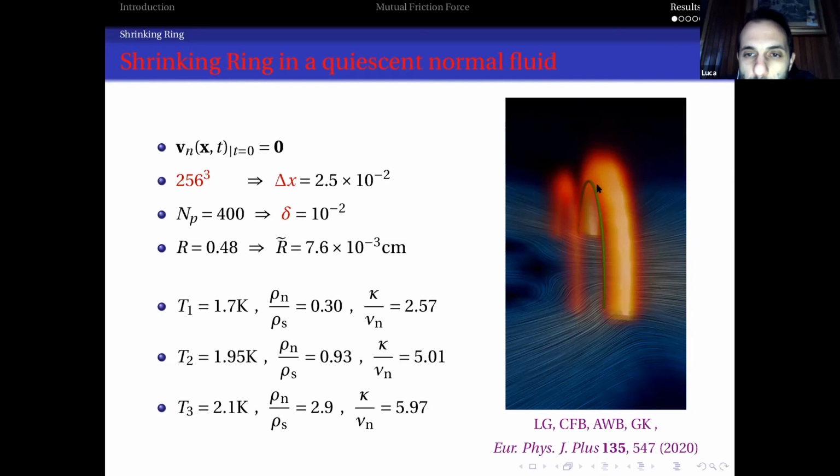Here in green you see the superfluid vortex ring, and there are 2 normal fluid rings preceding and following the superfluid vortex. What you can see here are the streamlines, and we also see some evidence of a wake, which has been suggested to be responsible for some experimental results.